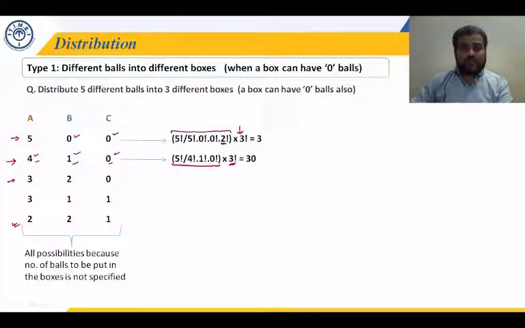Till here it is formation of parcel, and into 3 factorial is distribution of parcels, because there are 3 different boxes. So this will give you 30. Here we have 5 factorial by 3 factorial into 2 factorial into 0 factorial multiplied by 3 factorial. Why? Because distribution of parcels. That will give you 60.